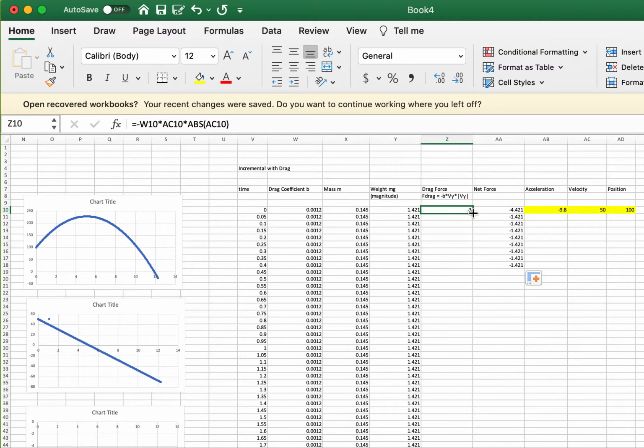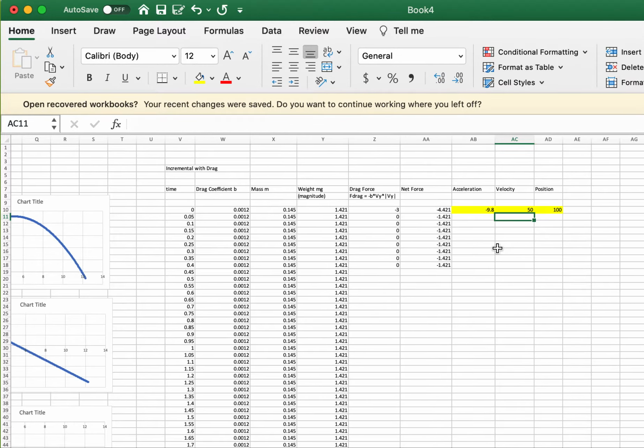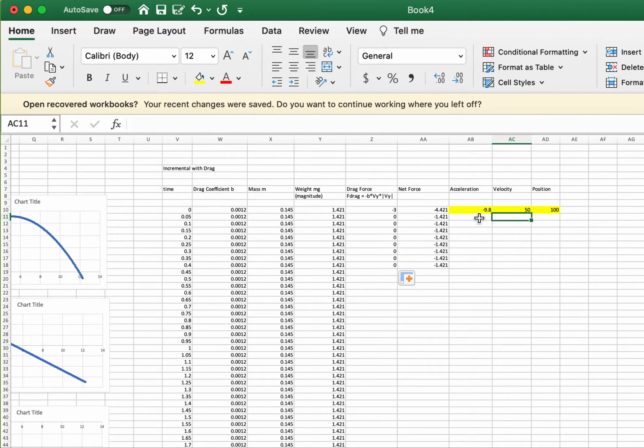I've got to drag all these columns down, but there's a problem. When it comes to the drag force here, you can't calculate the next row because you don't have a velocity there. So let's do it step by step then. Let's find the acceleration from the force.